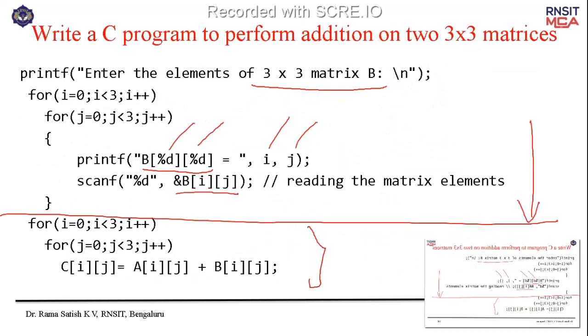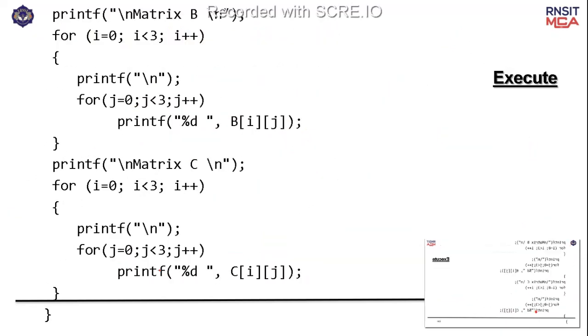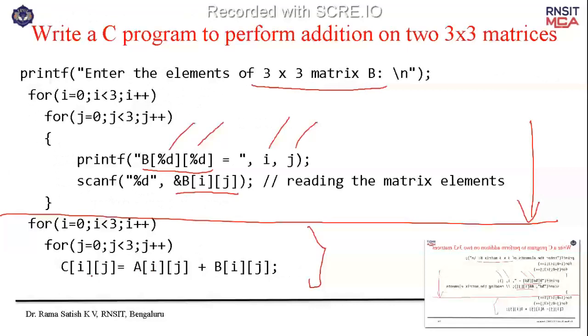You can see A of 0 0 plus B of 0 0 is C of 0 0. And in the next loop, J is incremented, C of 0 1 is equal to A of 0 1 plus B of 0 1, it is taken and displayed.